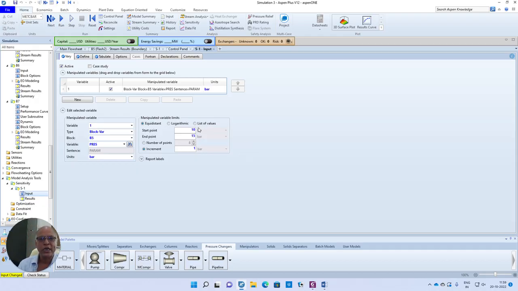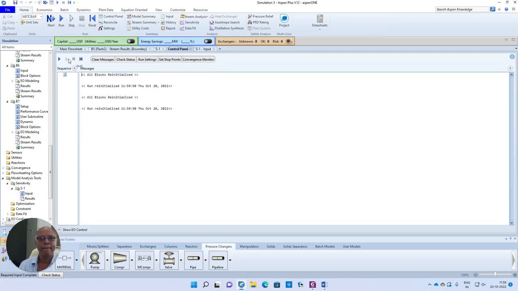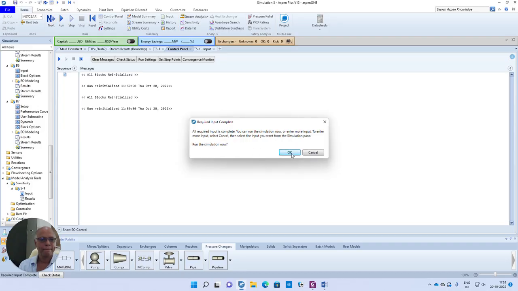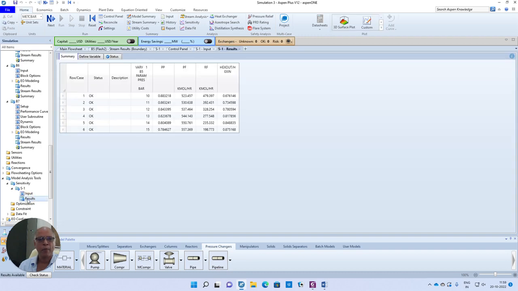With the change I am making, I would like to rerun the problem. Maybe reset and also rerun. Now look at the results. We were increasing the pressure, keeping the temperature constant at 120.